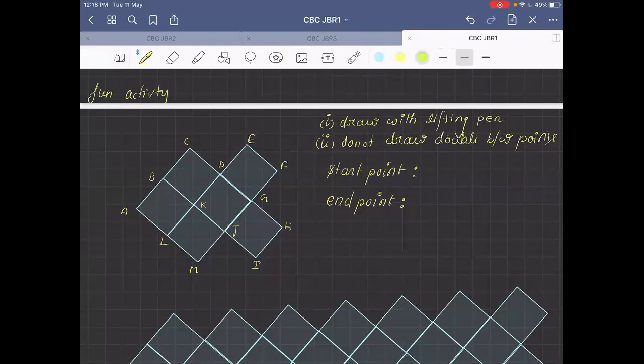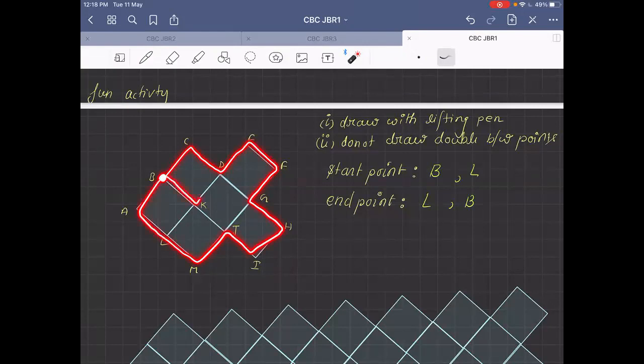Once again, just check whether you are doing the correct thing or not. So let me tell you the answer: the starting point is either B or L. Then you will be getting the correct answer. You know why? Let me show you. Starting with B, tick, tick, tick, tick.